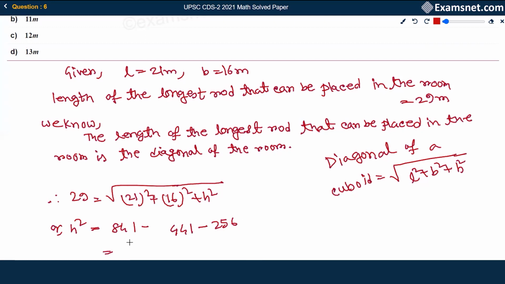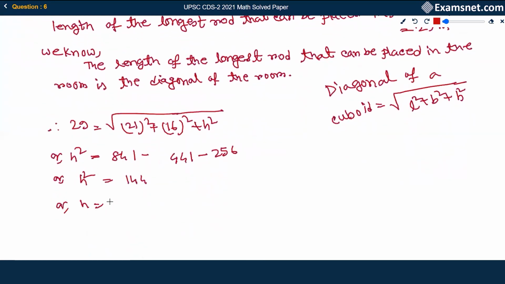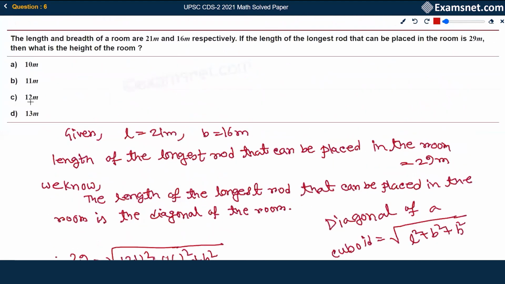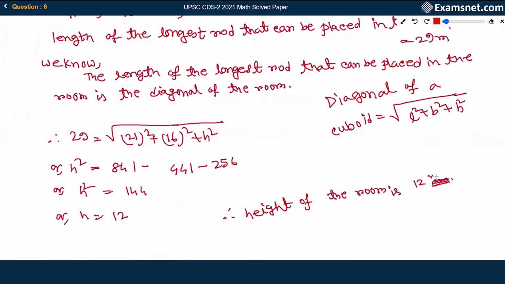This would give us the value 144. h square equals 144, or h equals 12. Therefore, the height of the room is 12 meter. Option C is the correct answer. Okay, it's not centimeter, sorry, it's meter. Let me change it here. 12 meter.